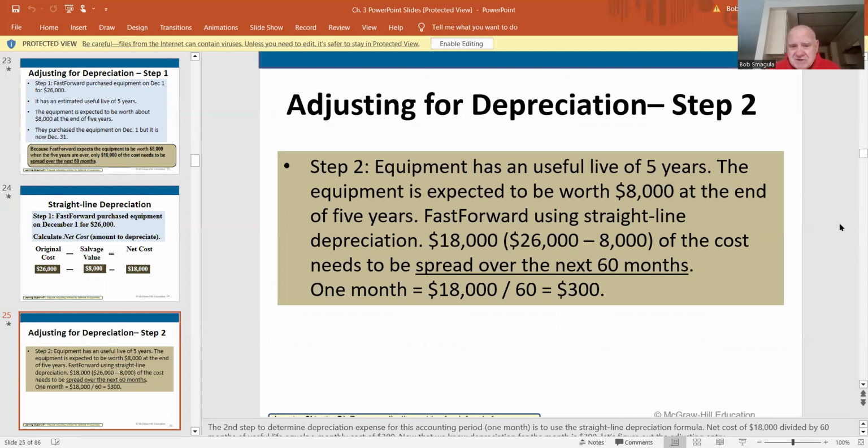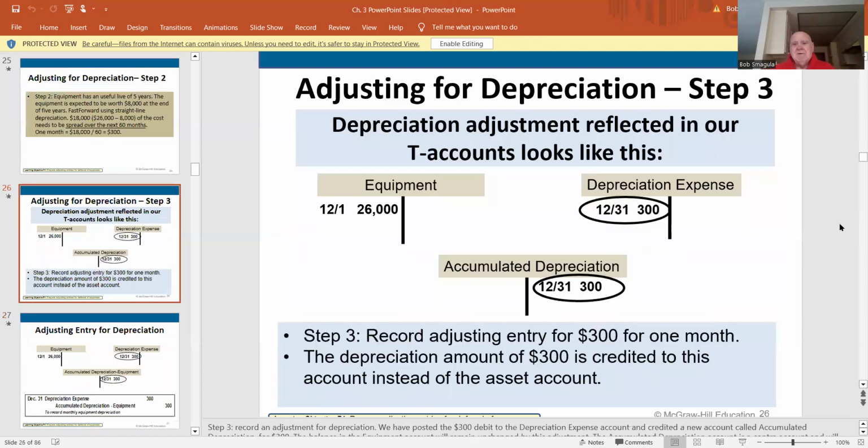We divide that by 60, we come up with $300 a month. So every month for the next 60 months, you have to post it to your general ledger so it looks like this. You're going to debit depreciation expense, and you're going to credit an account called accumulated depreciation, throwing in another new account. Record adjusting journal entry of $300 for 1 month.